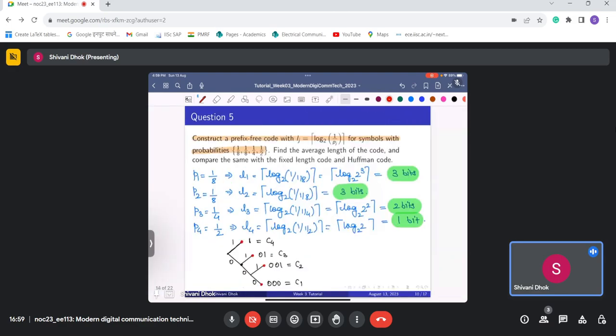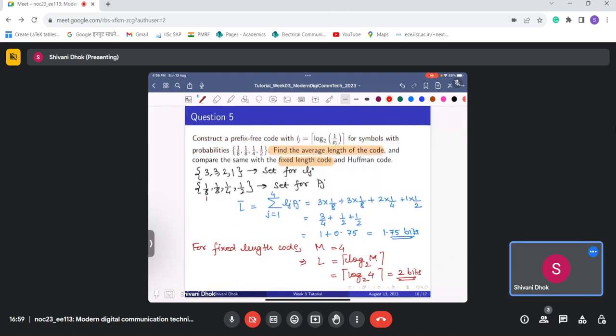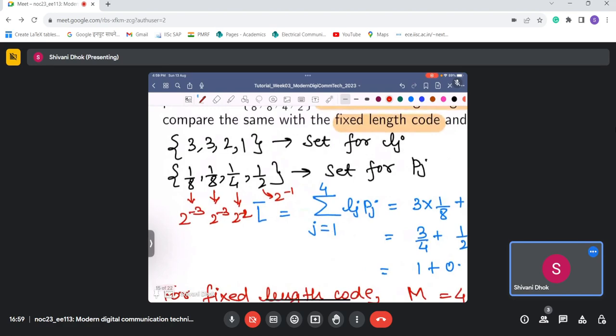Now another thing that you need to observe is this 1 by 8 I can write as 2 to the power minus 3. This is also 2 to the power minus 3. This is 2 to the power minus 1, and this is 2 to the power minus 2, sorry. So again, if you observe carefully, what your doubt was, this 3 and this 3 is same.